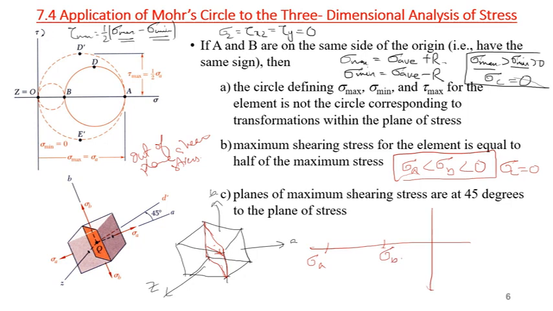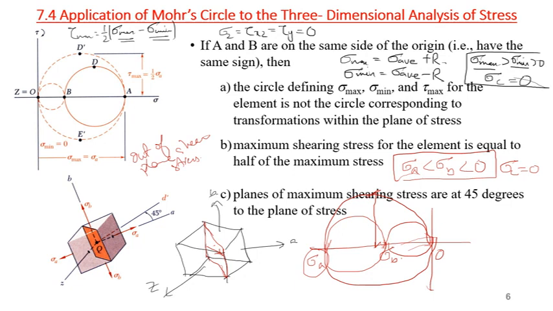Now again this is one circle, but in order to have the complete picture, I have one circle between sigma B and 0 and the third circle between sigma A and 0. Now the maximum shear stress will be the radius of this outer circle between sigma A and 0.